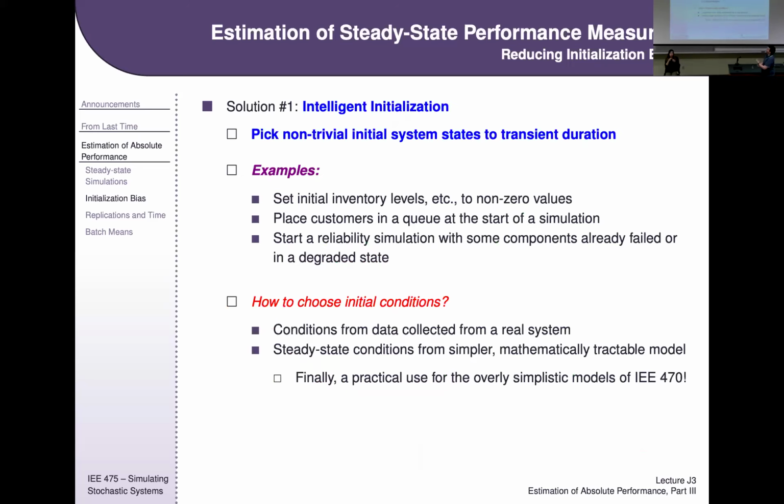So what do those two things look like? Those of you taking 470 right now, this is a good use for the tools that you learn in 470. If you're working with queuing systems, for example, the average values that you get out of that. So you set up your network or whatever, and it says, on average, we expect a queue length of around 6. And so you'd say, well, if the mathematical model expects an average of 6, maybe I should start my system with 6 people in the queue.